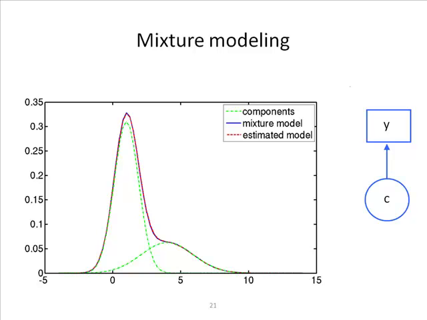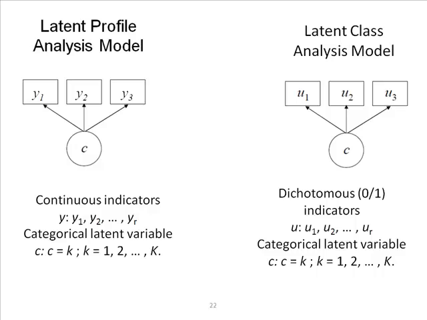Mixture modeling is simply a latent class analysis where you've only got one outcome variable, and that outcome variable is continuously distributed. You don't have to restrict yourself to one outcome variable. You can do a latent profile analysis where you've got multiple outcome variables, like in the latent class analysis that we did, but each of these is continuous rather than categorical.